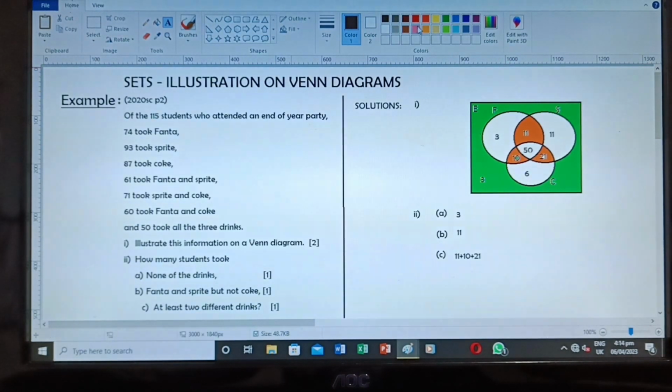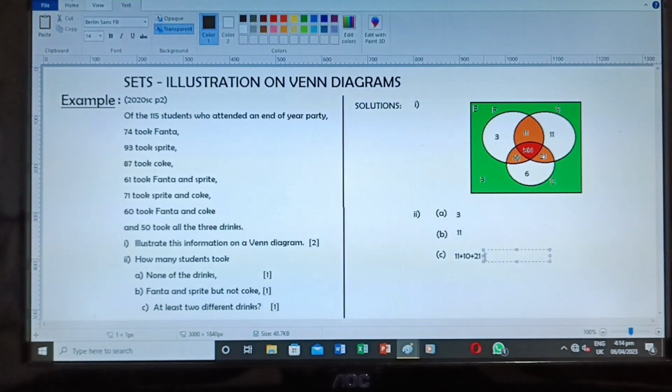Now, we also need to include those who took all the 3. This one I've put in red here. It is also part of the solution here. We need to sum this one. So we need to say plus 50 so that it will make it 92. So the final answer is 92 for those who took at least 2 different drinks.